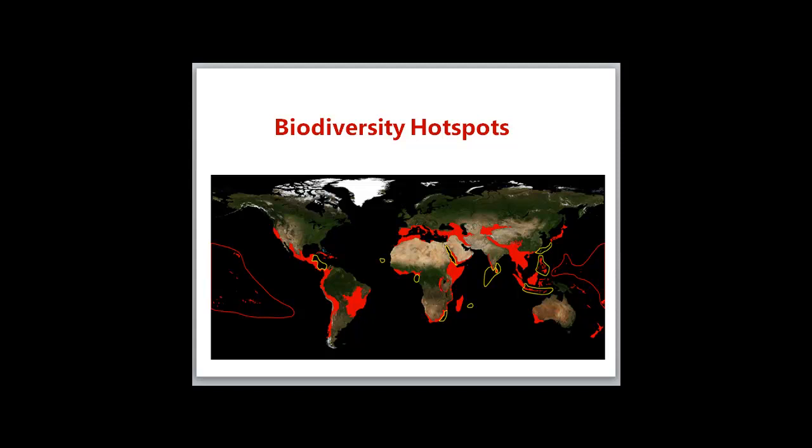So we have a bunch of biodiversity hotspots around the globe, and most of them are found in tropical rainforest regions, as well as in various specific habitats.